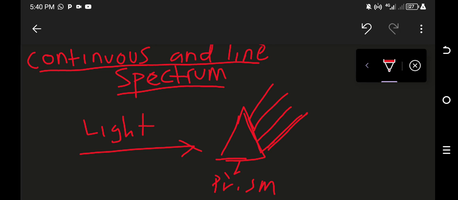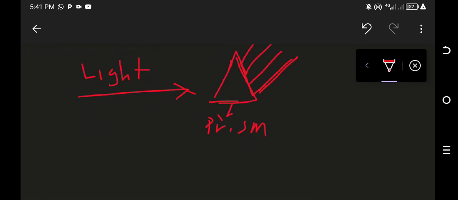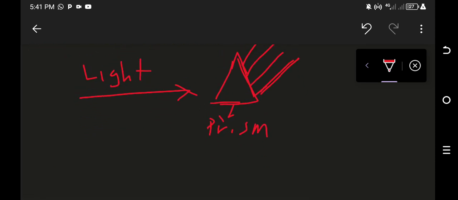The one with the highest wavelength bends less. I guess you get the idea. It's because of the different wavelengths that they separate. If they were all at the same wavelength, they would not separate. They would just pass through the prism, and nothing would change. So that's the continuous spectrum: continuous, no spaces in between the colors.